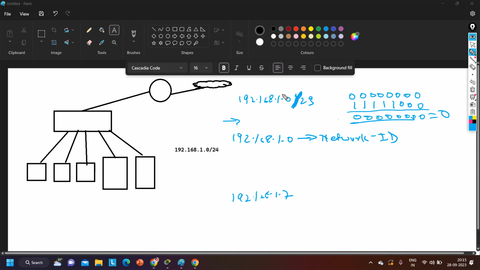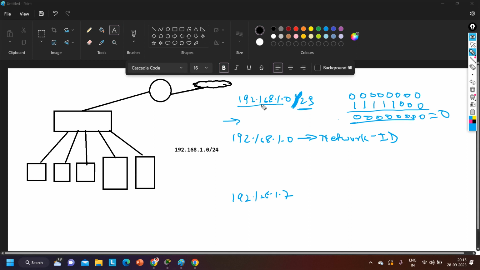If I am using slash 29, that means in how many parts have we divided this network? See, this is the IP address of which class?